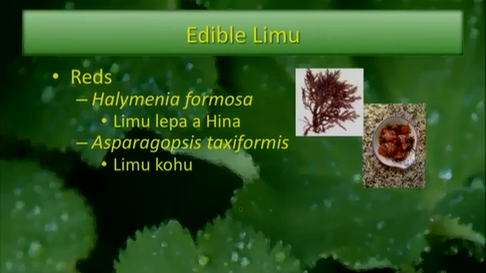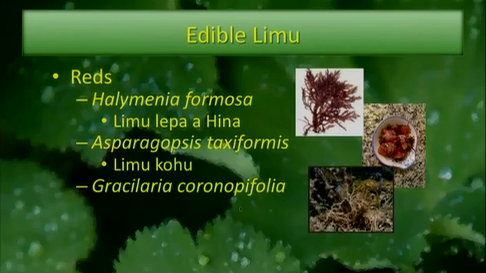This alga is kind of interesting because it would be seasonal, because in some of its life history it doesn't look like its other bodies. So some people say you can collect it during some times of the year and not at others. Now we have Gracilaria coronopifolia, which is called limu manauea. Some people also call it ogo.